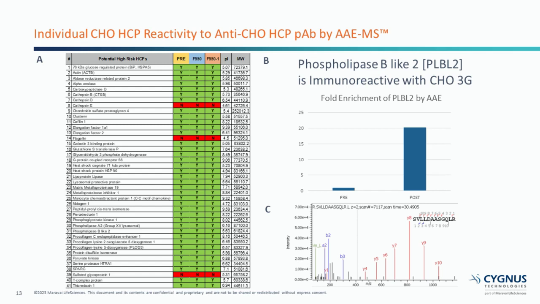The red and no columns indicate the absence of the HCPs. This table also shows the top 40 problematic CHO HCPs and shows that our antibody reacts to those proteins. This is very powerful information that can help you in overall risk assessment of the HCPs you incur during your process development.